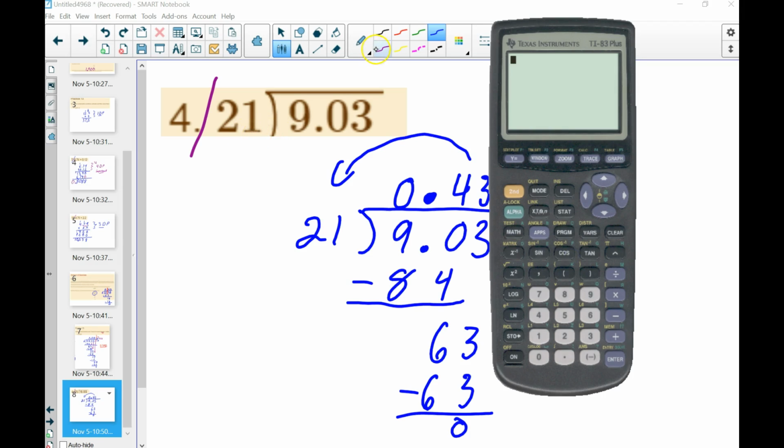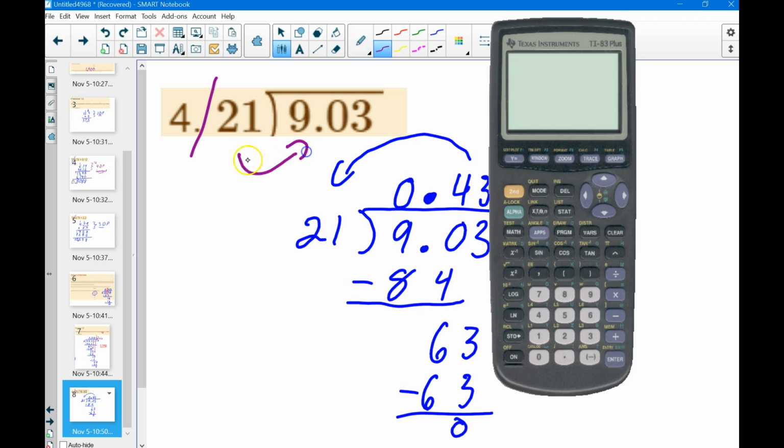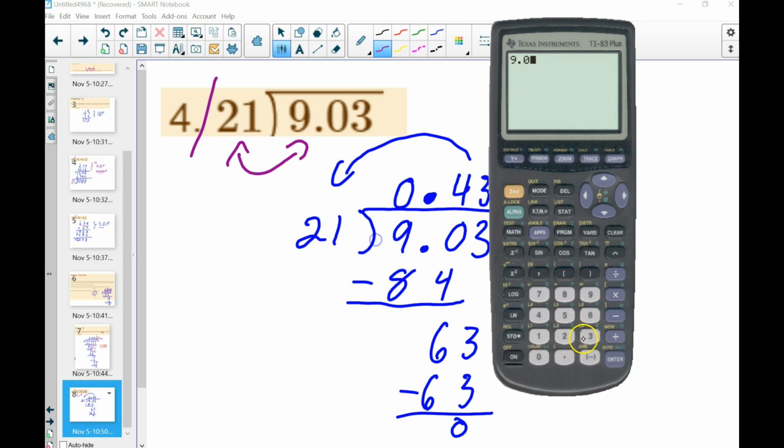One of the most common things I see, people mix these two up. What they end up saying is the exact opposite. So instead of 9.03 divided by 21, which is the right way to do it, oftentimes I see 21 divided by 9.03. They put the numbers in the calculator backwards, and they get a number which is wrong.